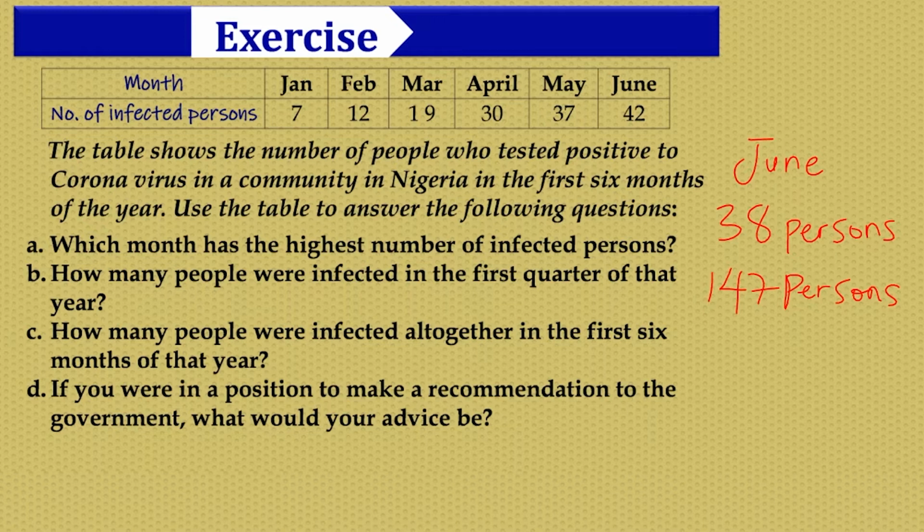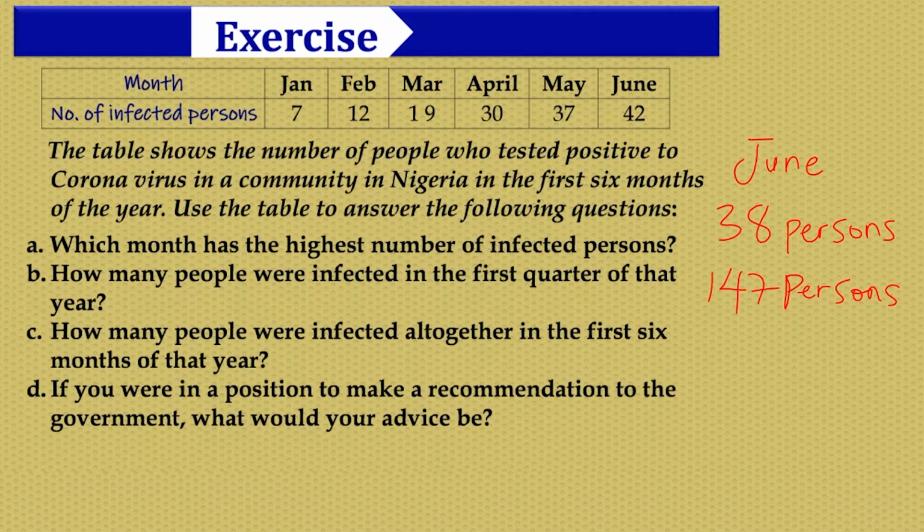And question D says, if you were in a position to make a recommendation to the government, what would your advice be? For me, my recommendation would be good information and proper orientation about viral infections and possible preventive measures should be communicated to the citizens to avoid future recurrence of such.